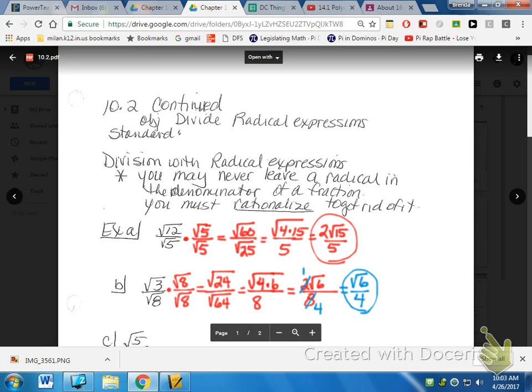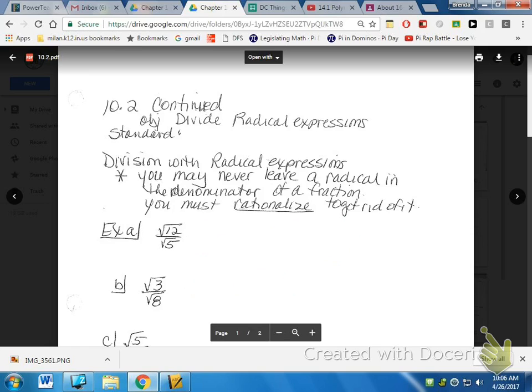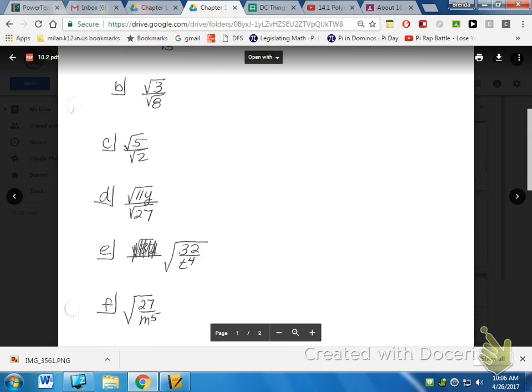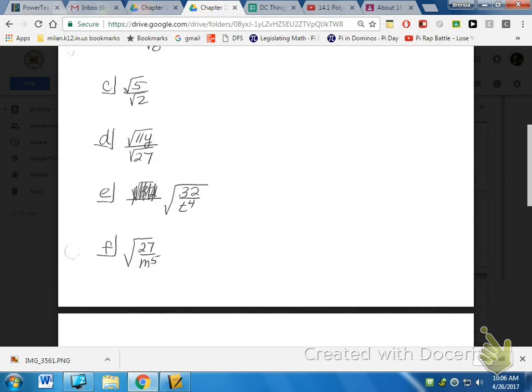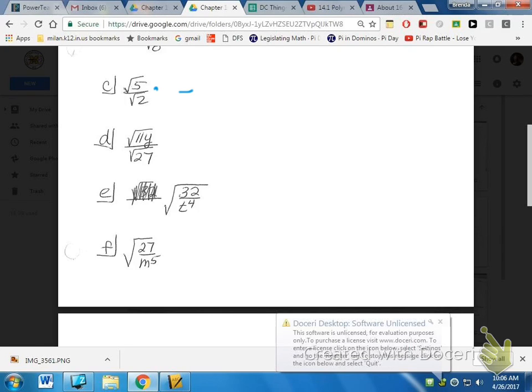All right. Does everybody have the red written? Okay. Let's keep going and see what other kinds of crazy things might happen. All right, radical 5 over radical 2. What am I going to multiply top and bottom by? Yep.